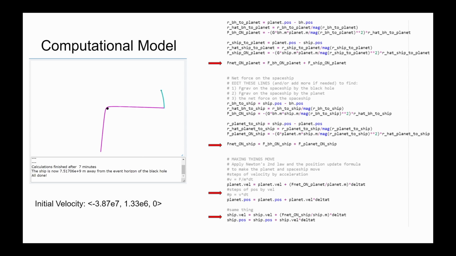And we just use the gravitational force equation to derive those values as well. For the velocity and position of the ship and the planet, we just use the velocity and position update equations. And after a bit of iteration and testing, the closest value to get right around the black hole is negative 3.7 E7, 1.33 E6, and 0.